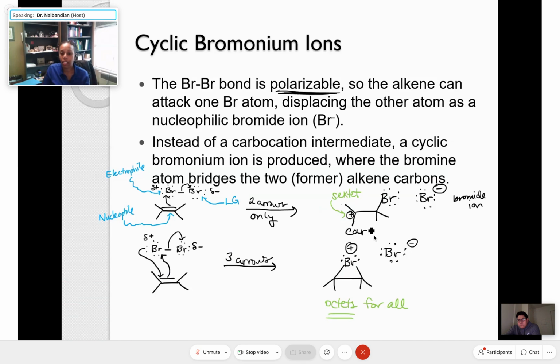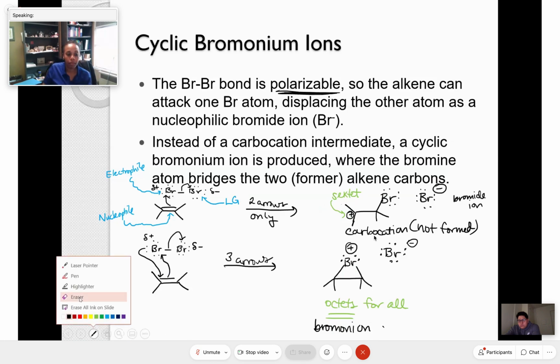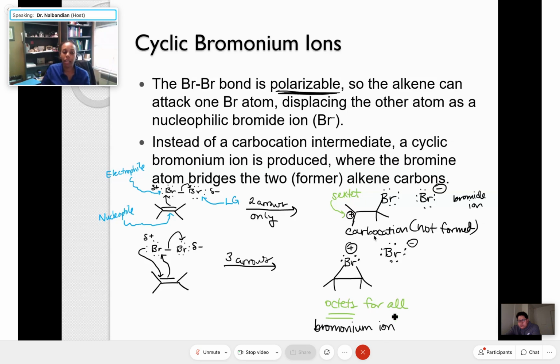So instead of making the carbocation intermediate, this is not formed, we make the bromonium ion. We form the bromonium ion here.